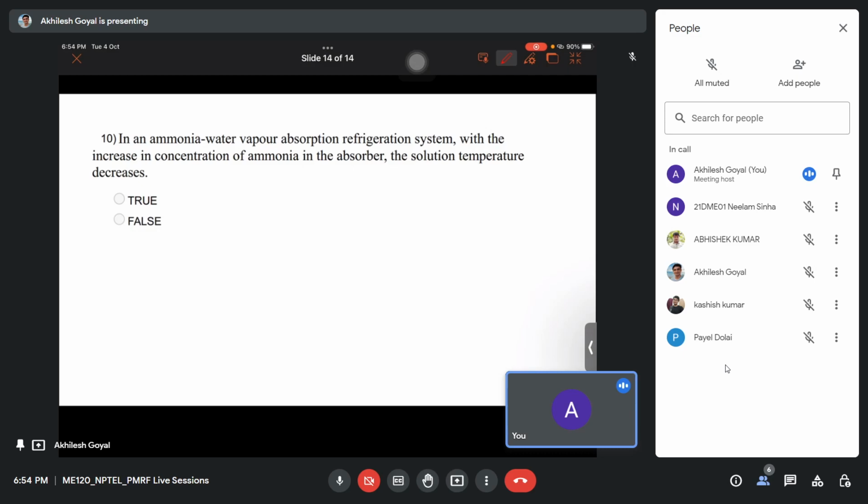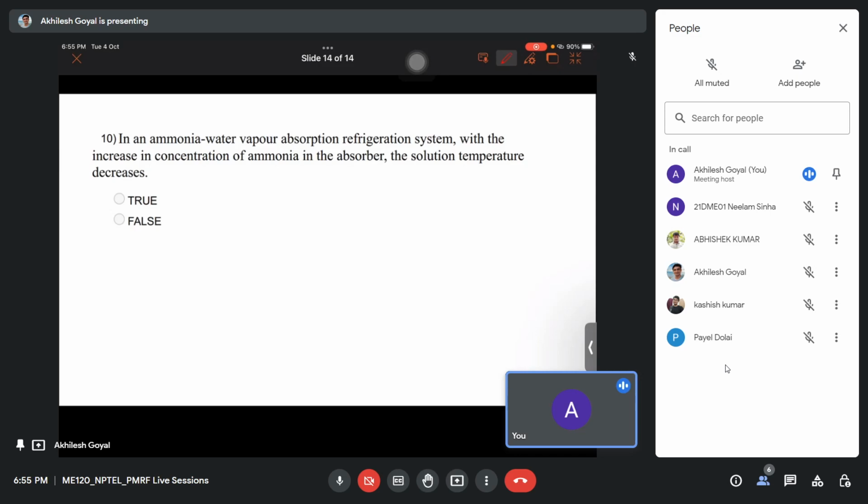Yeah, so let me answer you. So what happens in an absorber? There is a weak solution of ammonia water available, and from the evaporator, the low pressure ammonia goes to the absorber. So ammonia has a high affinity for this water, or weak solution.